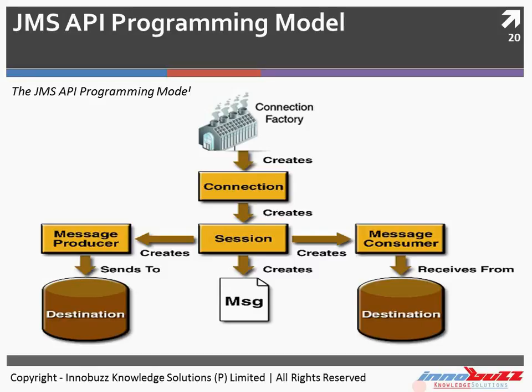Within the session, we have the message producer, which can create the messages, and the message consumer, which receives the messages. Finally, the destination will be holding or storing all the messages received or sent. This is how the JMS API programming model works. We'll see each of these components in detail.